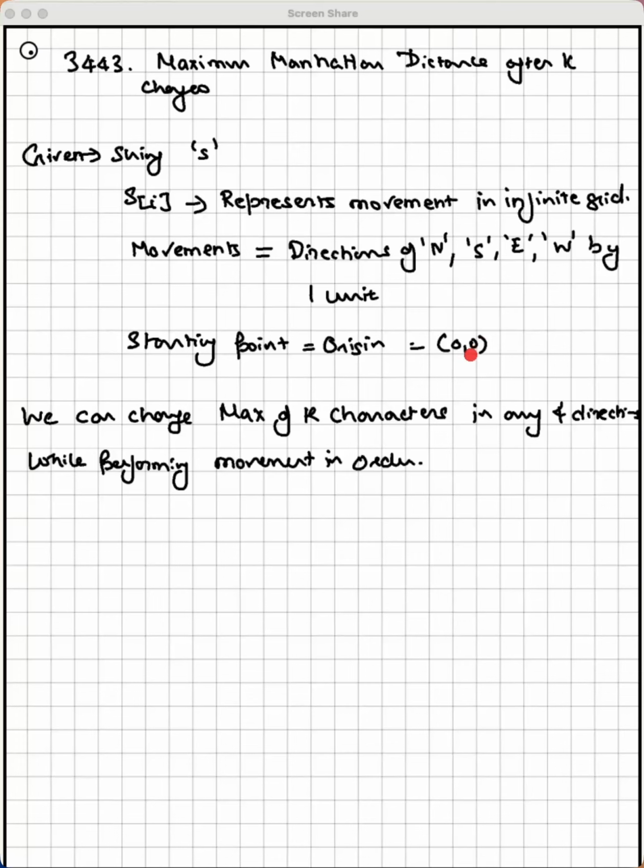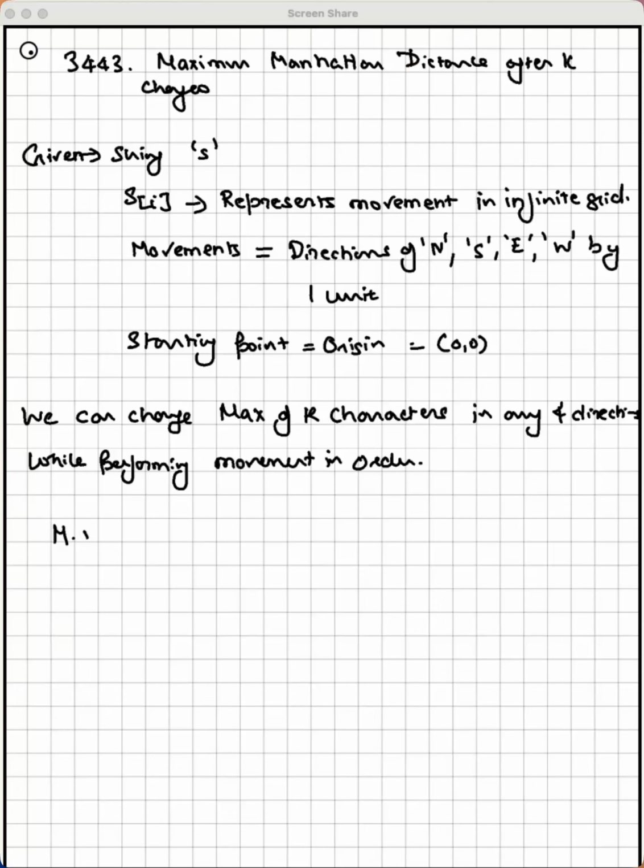You're starting from the origin, and you have to move in the directions given in the string, but you're also provided with an integer value k, which you can use to swap these directions with another direction, and what you are expected to return is the maximum Manhattan distance.